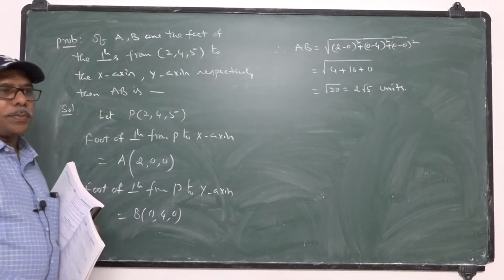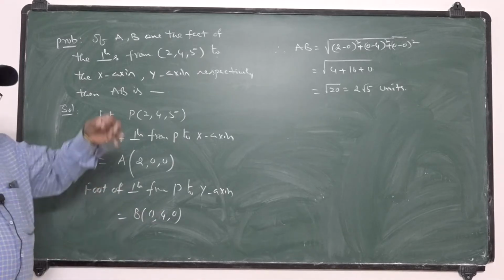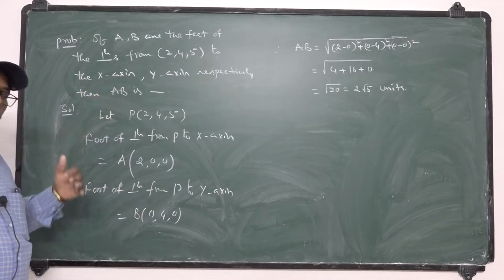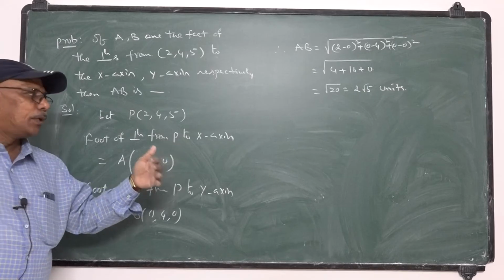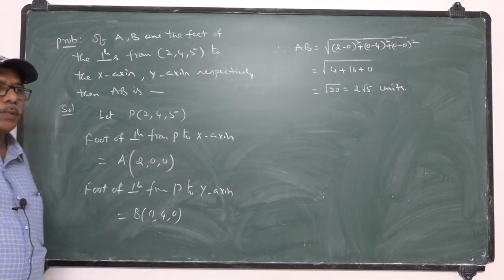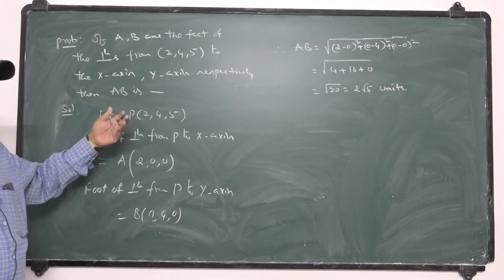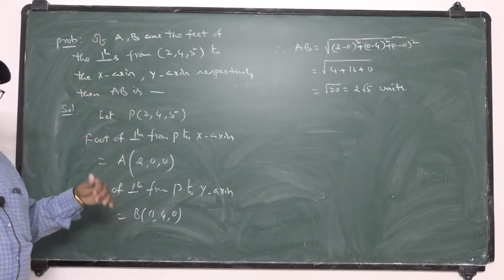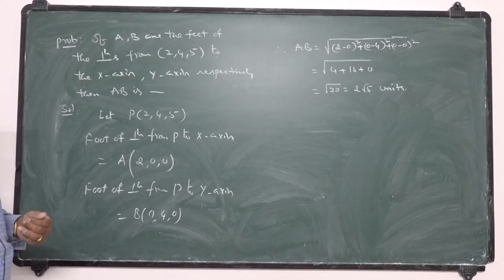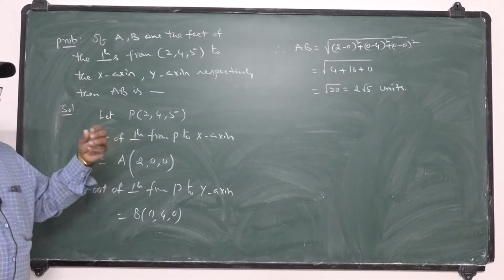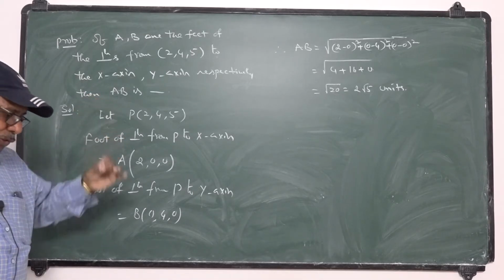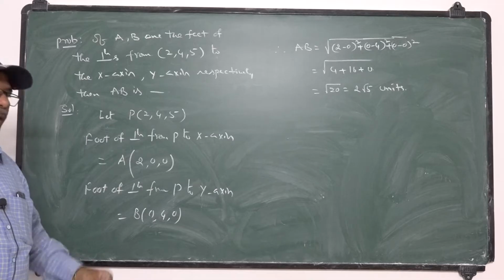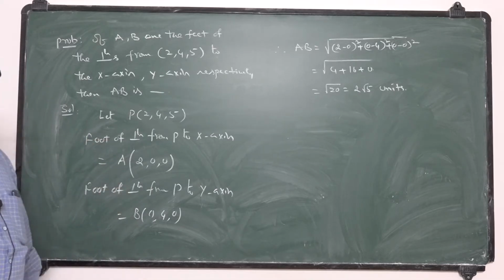The feet of the perpendiculars from a point in space to the coordinate axes are different from those to the coordinate planes. In the previous problem, we considered the feet of the perpendiculars from the point to the coordinate planes, xy plane and yz plane, like that. The feet of the perpendiculars to coordinate planes are different and coordinate axes are different.